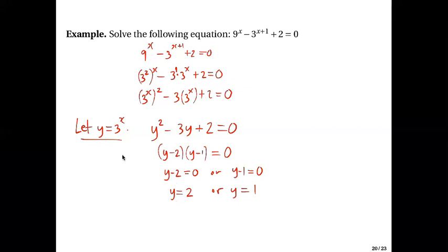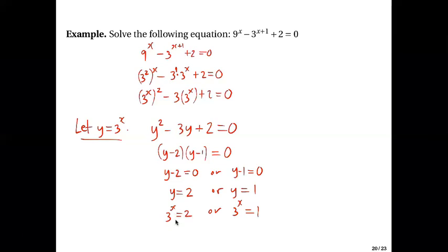But what does this mean? Your y is 3 to the x. So this means 3 to the x equals 2, or 3 to the x equals 1. Correct? And what do we do to solve for x?